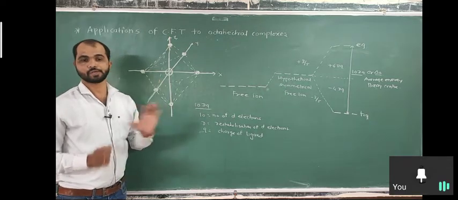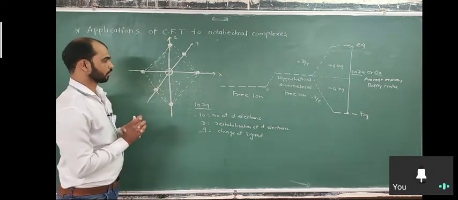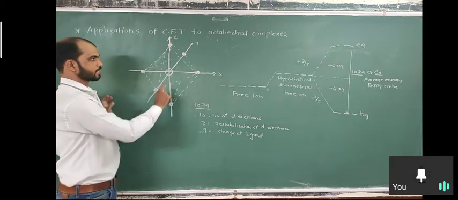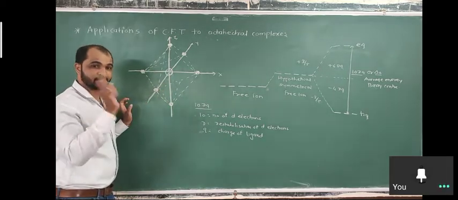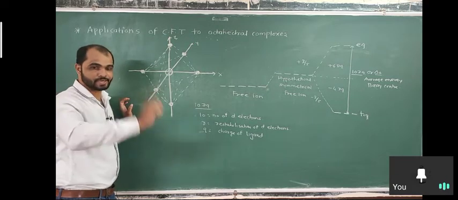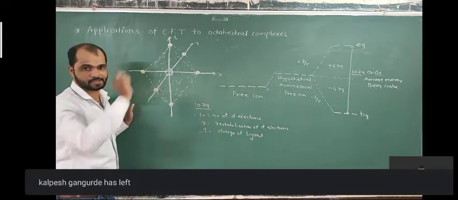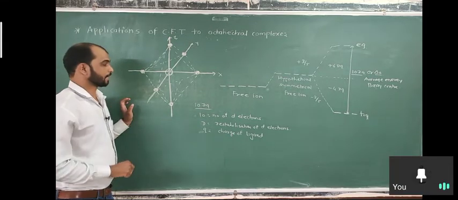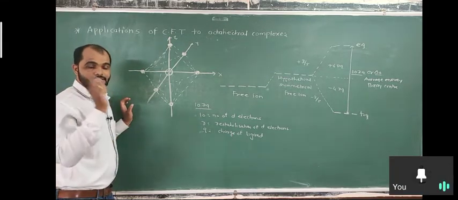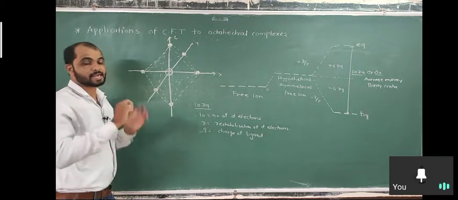First of all draw the geometry, then look whether the ligands approach on the axis or not. If on the axis, the orbitals which are oriented on the axis rise in energy. If ligands approach between the axes, the orbitals which are oriented between the axes rise in energy.